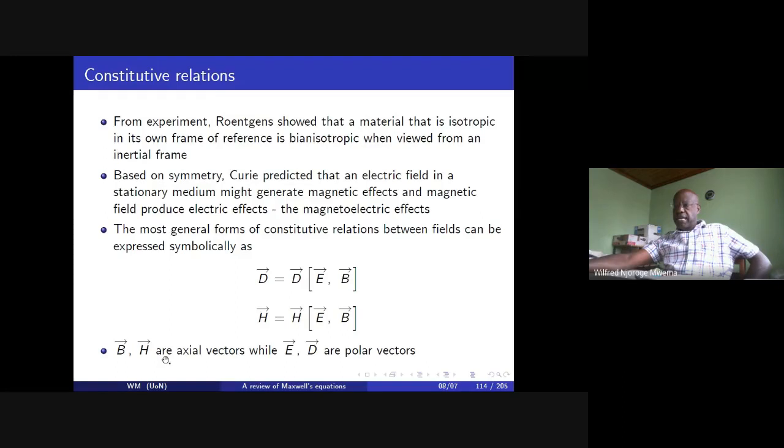B and H are called axial vectors, and E and D are called polar vectors because they depend on the position where they are being defined. They are not relative, while the others are just pointing in the axial direction. So one of them is a true vector, the other one is not a true vector.